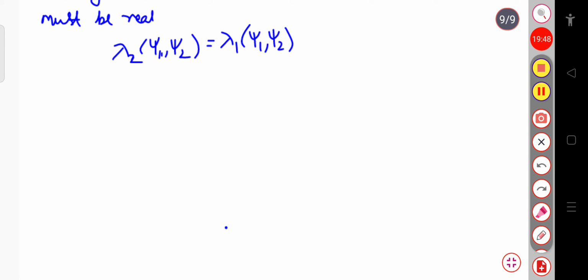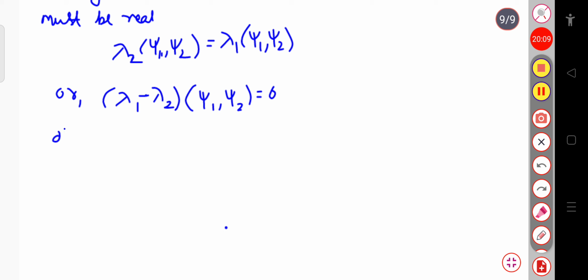Okay, now if we take it to the left hand side, taking psi 1 psi 2 common, this can be written as lambda 1 minus lambda 2 into psi 1 comma psi 2, that is equal to 0.